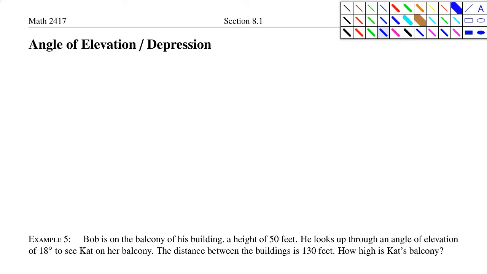In this section, let's talk about angle of elevation and depression. So let's suppose that we have a guy on a cliff. I draw these just like the cartoons. There it is. So here's a guy on a cliff. And he sees a helicopter over here.